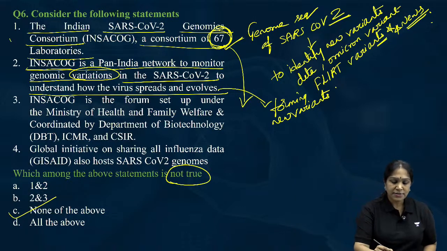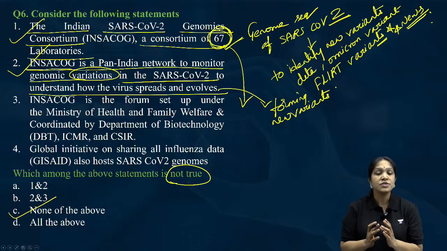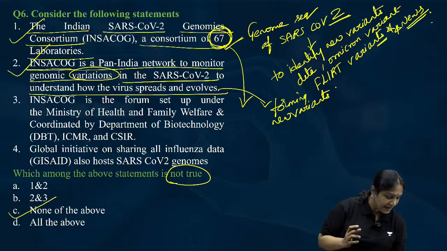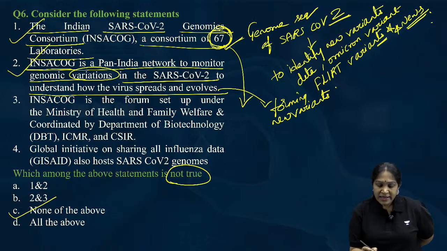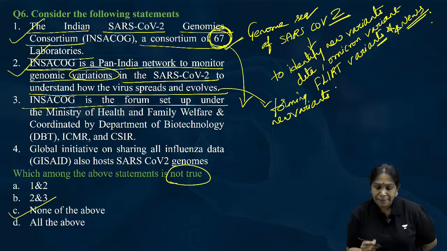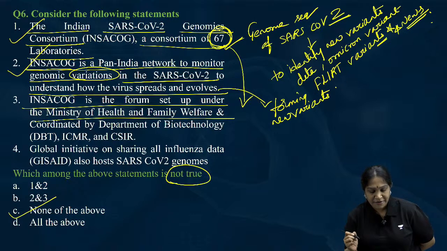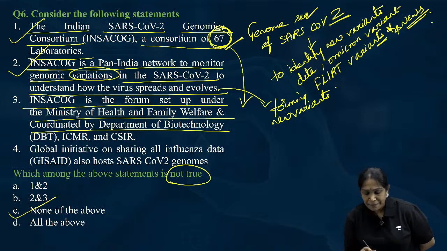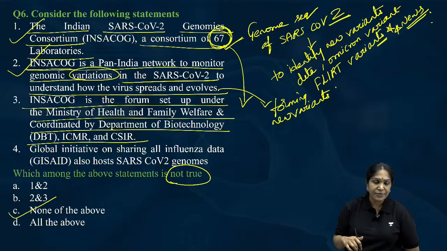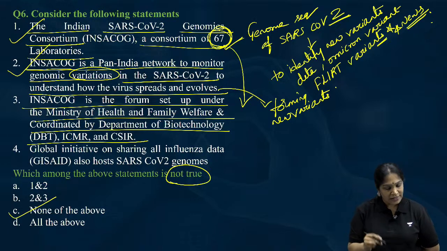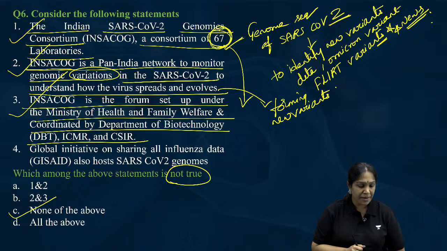Yes, this is also correct. Its function is to study how the virus is spreading and how it is causing the new variants. Next, INSACOG is a forum set up under the Ministry of Health and Family Welfare, coordinated by the Department of Biotechnology, Indian Council for Medical Research, CSIR, all these things. Correct. Just a factual information you have to remember.